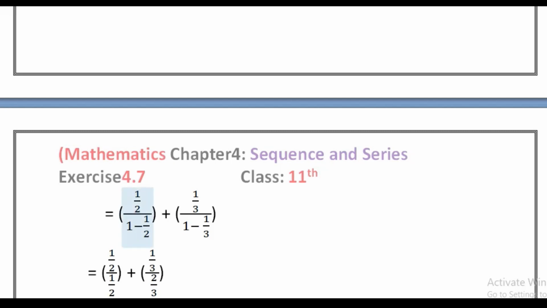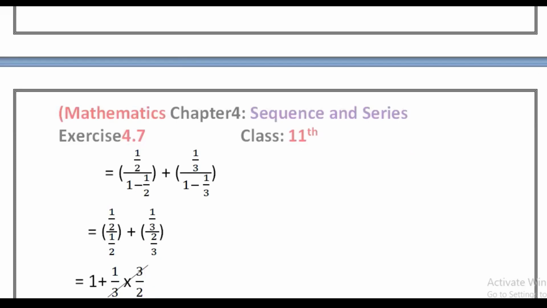So 1 divided by 2 over 1 minus 1 divided by 2 can also be written in the form of 1 divided by 2 over 1 divided by 2, plus 1 divided by 3 over 1 minus 1 divided by 3, which can also be written in the form of 2 divided by 3. So 1 divided by 2 divided by 1 divided by 2 cancel is equal to 1, plus 1 divided by 3 over 2 divided by 3, take reciprocal, 3 cancel.